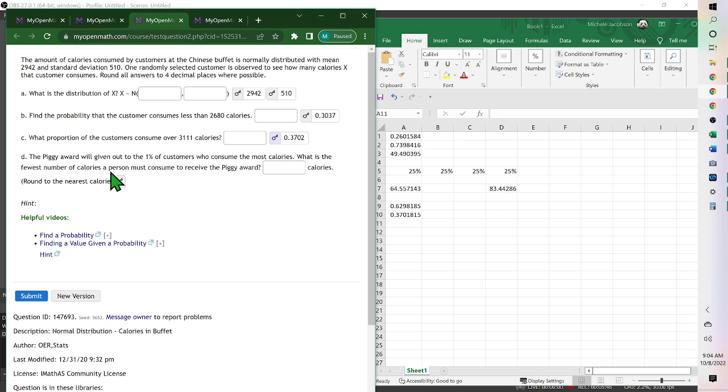The Piggy Award is given out to 1% of the customers who consume the most calories. What is the fewest number of calories a person must consume to receive a Piggy Award? So the Piggy Award will be given out to 1% of the customers who consume the most calories.